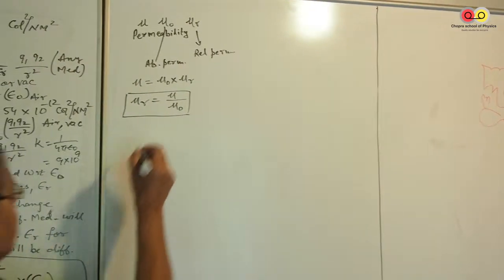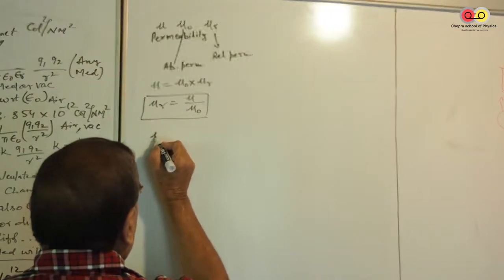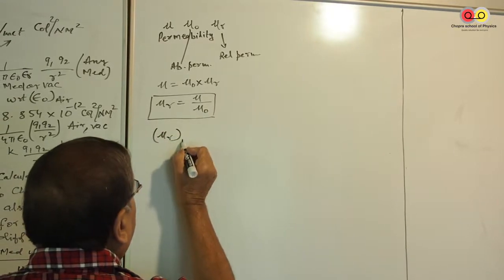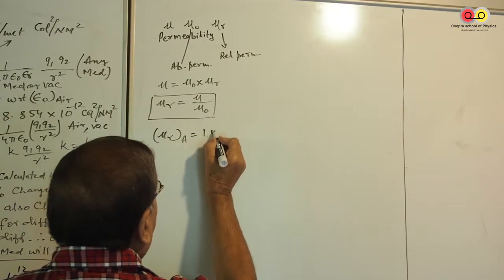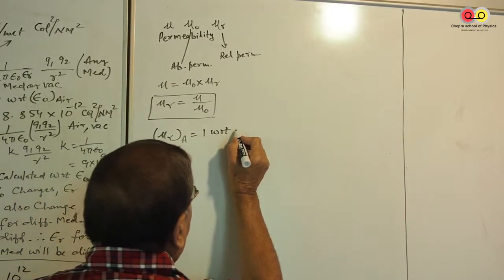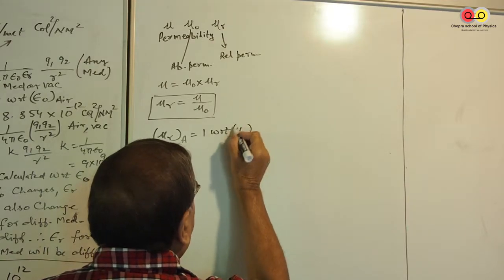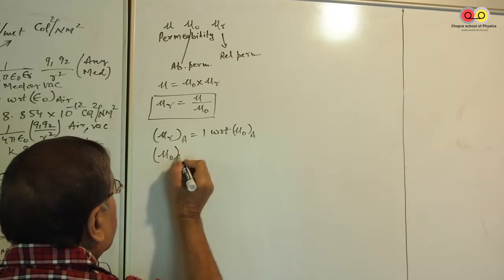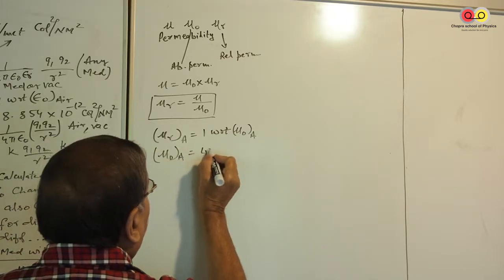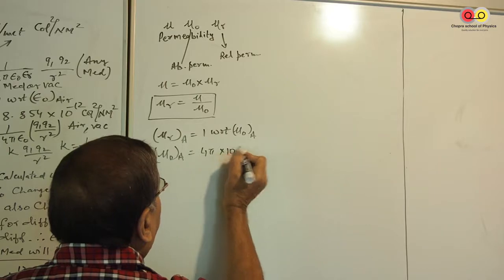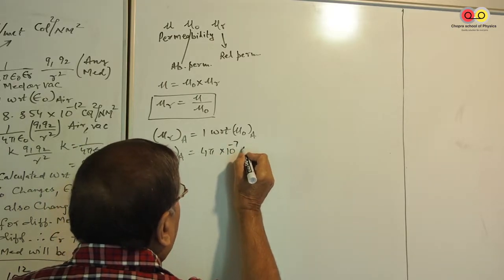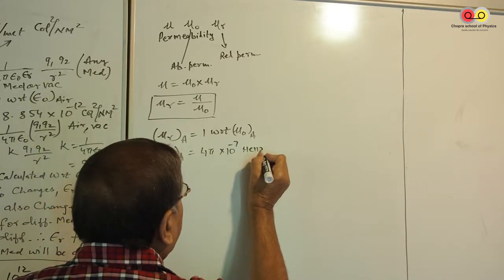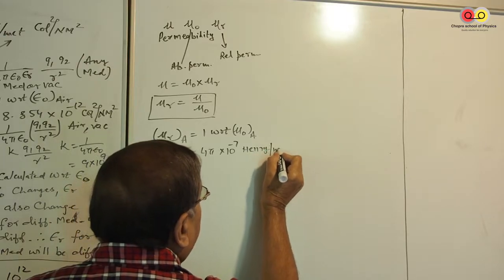You will further remember that the relative permeability of air is one, with respect to the absolute permeability of air, and the absolute permeability of air is 4 pi 10 to the power minus 7 Henry per meter.